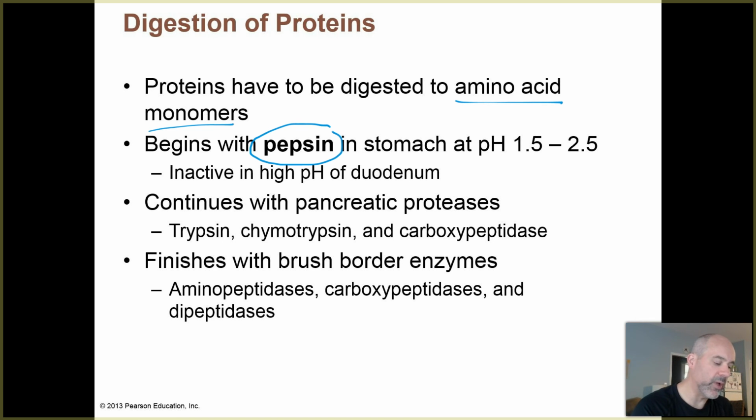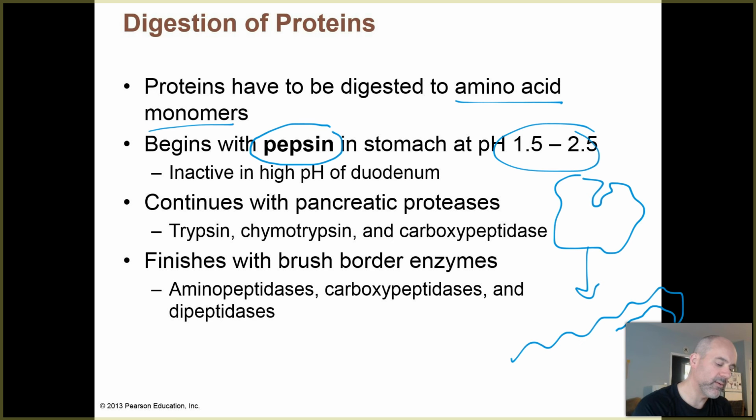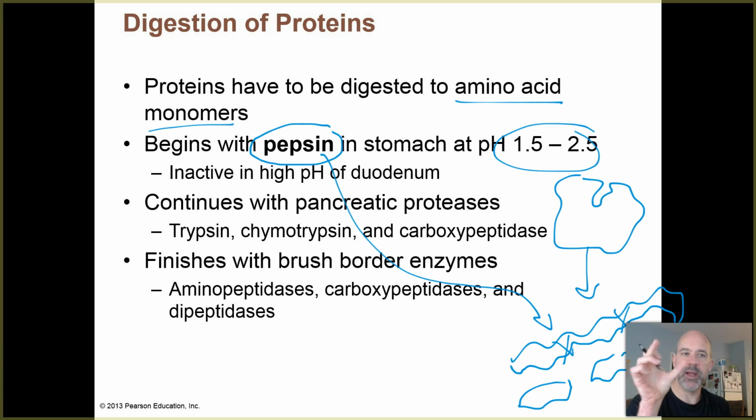Also, if this is a folded up protein with a 3D structure, the low pH of the stomach denatures the protein. Then these pepsin enzymes can come along and chop that denatured, unfolded protein into shorter chains of amino acids. And that's what's entering into the duodenum. You have partially digested proteins.